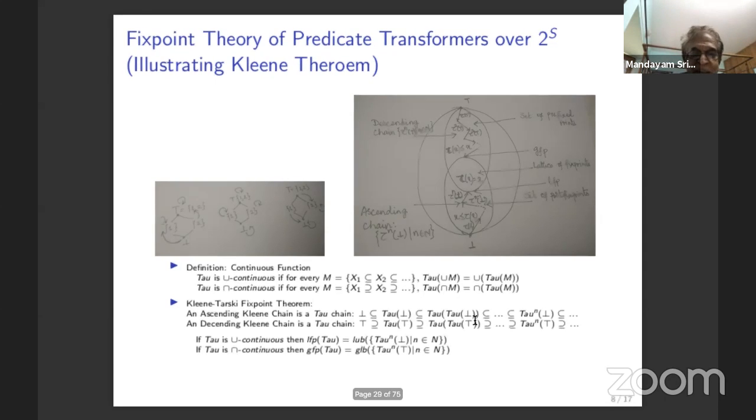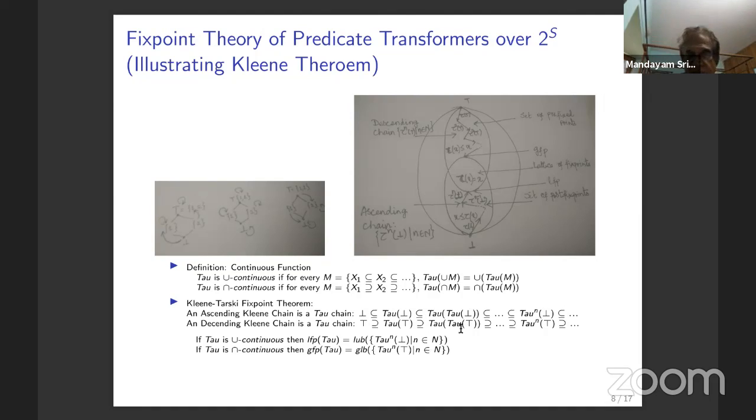Similarly, I can compute the greatest fixed point as the limit of a descending Kleene chain. What is a descending Kleene chain? It starts with true, and it consists of applying tau repeatedly.